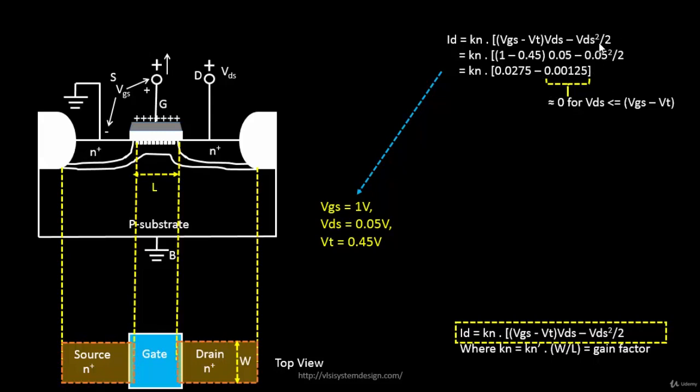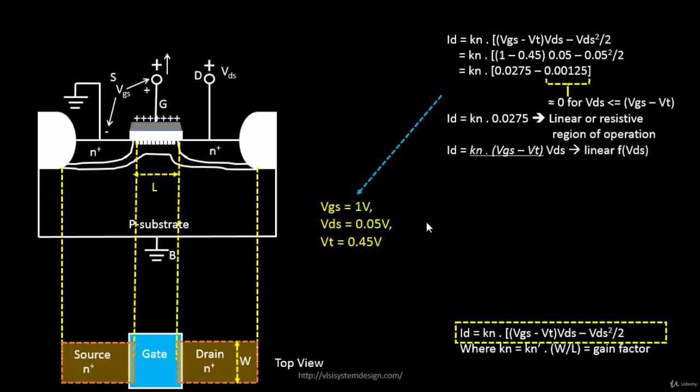So VDS square by 2 will now be approximated to 0 for all values of VDS which are less than VGS minus VT. And now if you come up with the equation for your drain current, it's Kn into 0.0275. Basically 0.0275 came up from VGS minus VT into VDS. Okay, so once we substitute it, it's ID equal to Kn VGS minus VT into VDS. Now it becomes a linear function of VDS.